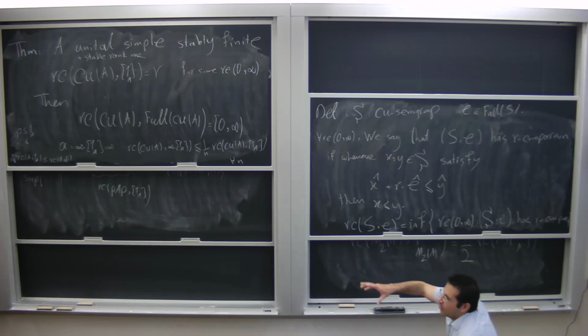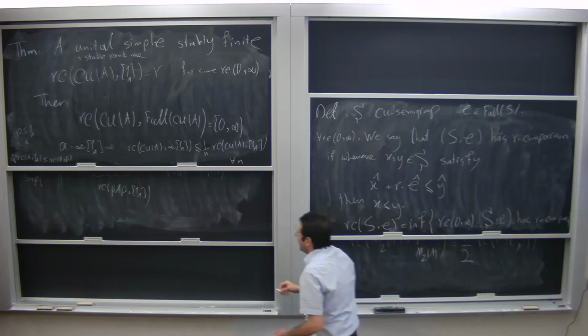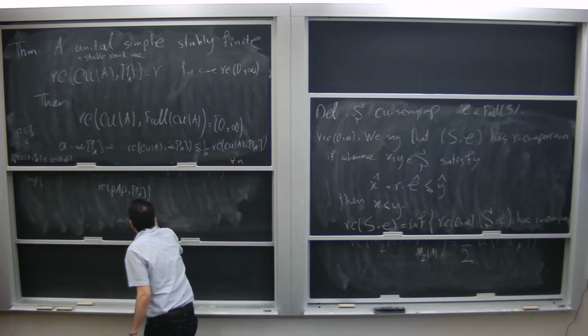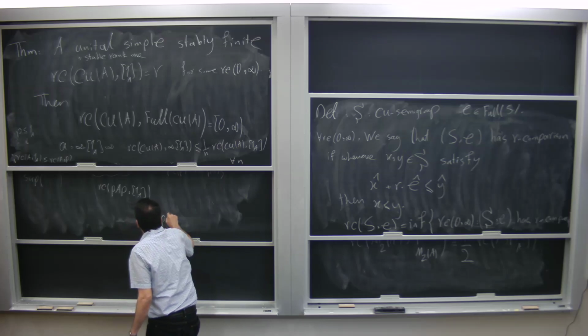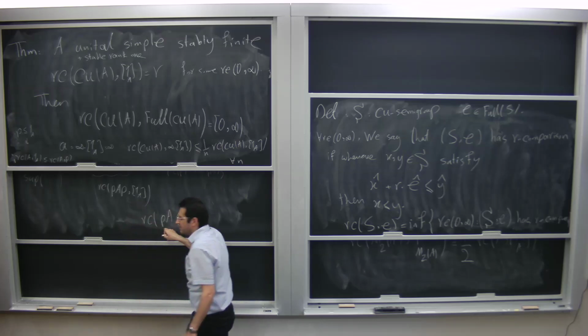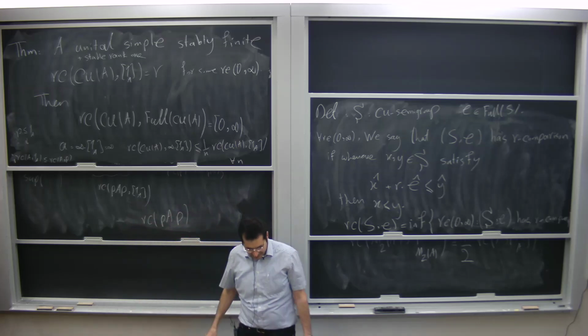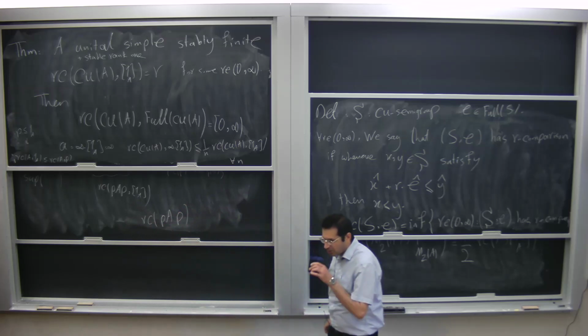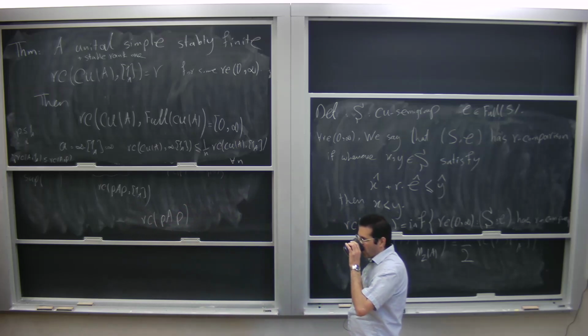Local radius of comparison is nothing except the radius of comparison with respect to a projection. They produce two algebras such that their local radius of comparisons are different, which allows them to conclude that they're not isomorphic. We're talking about the unital algebra. When they find a difference, they cut down to a different projection.